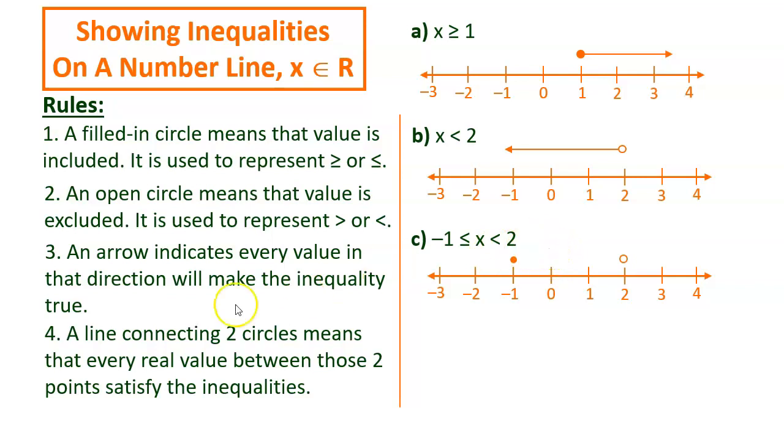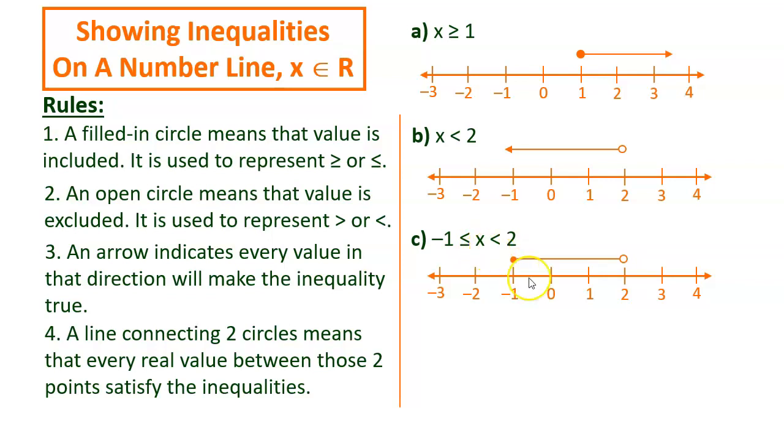And then we will use rule number 4, which says a line connecting two circles means that every real value between those 2 points satisfies the inequalities. So we will connect these 2 circles by a straight line, indicating that every point on this number line which lies between -1 and 2 may be a solution for the variable x.